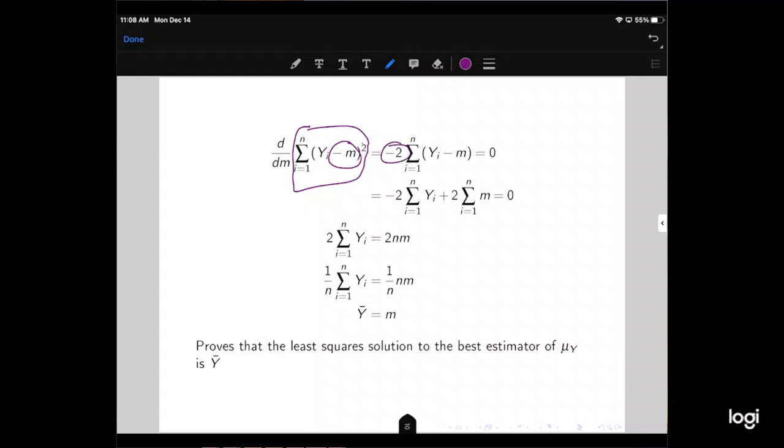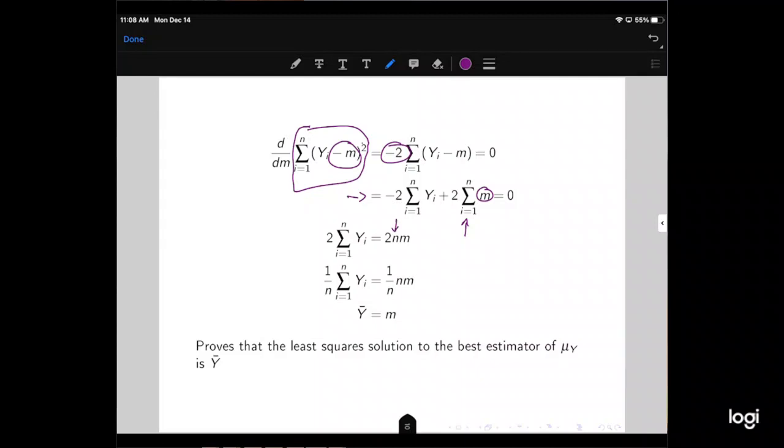Then we're going to distribute the -2 in the sum into the yi and then -m, and we get the expression here. Then we're going to move the 2 sum yi to the other side, and then we have 2 sum yi equals 2nm. Why 2nm? Because m is a constant, and then we're summing up m n times, and so we get an n here.